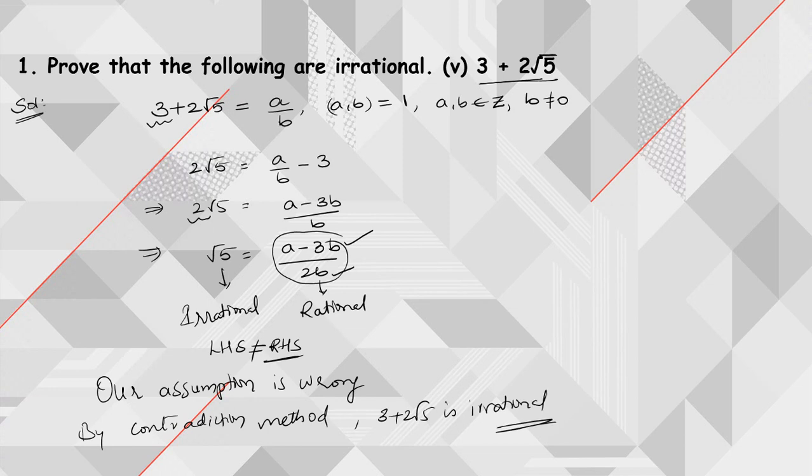Likewise you can prove that root p plus root q is irrational when p and q are prime numbers, right? So likewise, whenever you have a value change, you can directly approach these particular 3 methods to solve and to prove that the given numbers are irrational.